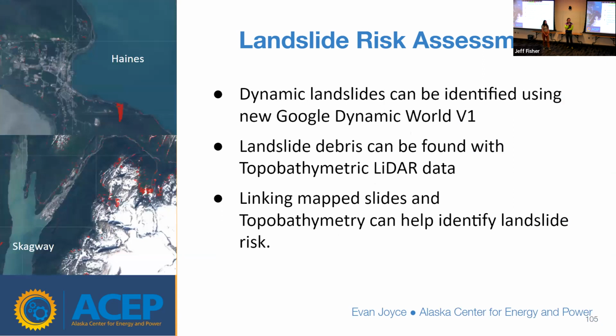So for this, I used a very brand new classification algorithm called Google Dynamic World version 1. It's been worked on for a while, but it just came out, luckily. What it is, is a classification program that classifies different pixels in the Sentinel-2 satellite images.